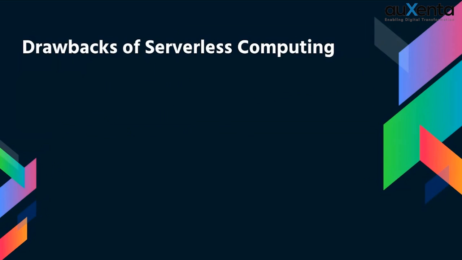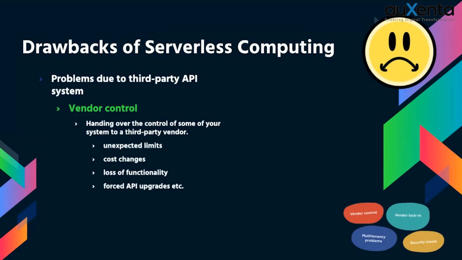So serverless computing does have many benefits, but like any other concept, it comes with significant trade-offs inherent to it that cannot be entirely fixed. So let's discuss them one by one. The first thing is problems due to the third-party API system. Vendor control, multi-tenancy problems, vendor lock-in, and security concerns are some of the problems due to the use of third-party APIs.